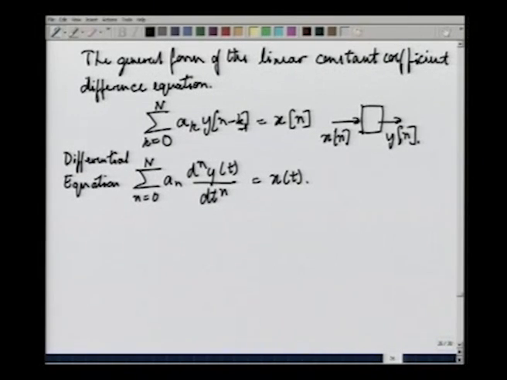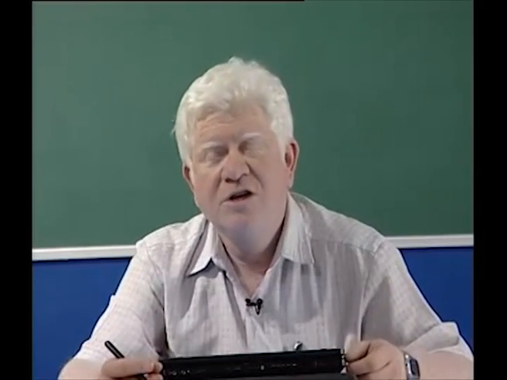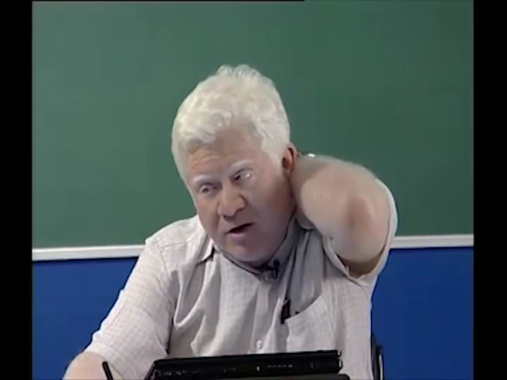So, for the continuous time case we have derivatives. For the discrete time case we just have shifted versions of the input and shifted versions of the output. Shifting an output or shifting a signal is not the same as or not even similar to differentiating it. So, why this discrepancy over here?